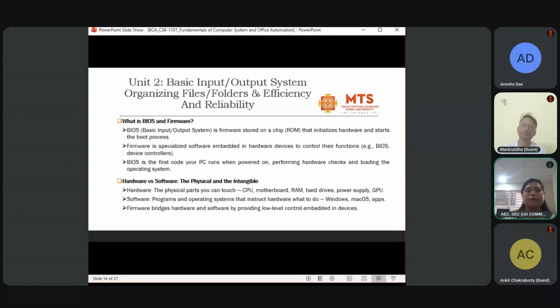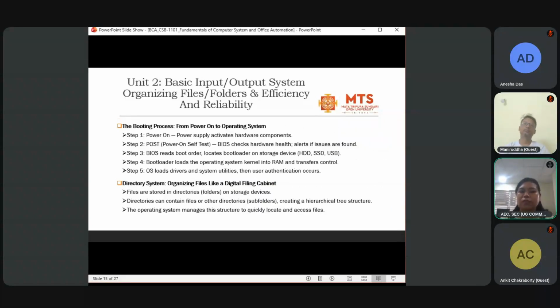Next, the booting process. The booting process is when you power on or switch on your system. Step one, power on. The power supply activates the hardware components first. Then it proceeds with the POST, power on self-test, which is done by the BIOS, the basic input output system.